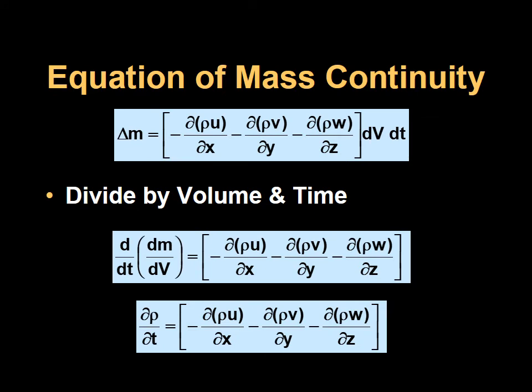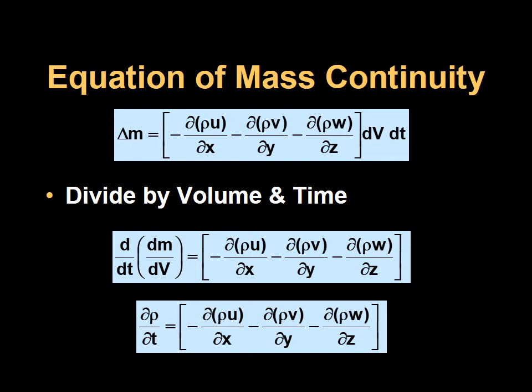So what we're going to do to this equation now is move the velocity derivative and the time derivative over to the other side. And we know that mass divided by volume is density, so that gives us the change in mass over volume, which is density. And since we're taking the derivative with respect to time, that gives us the change in density with time on one side.